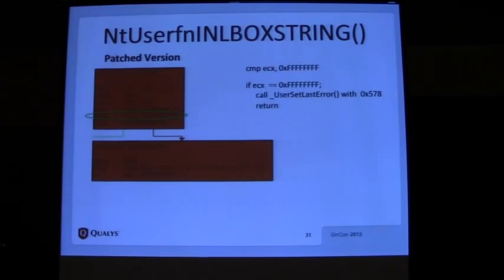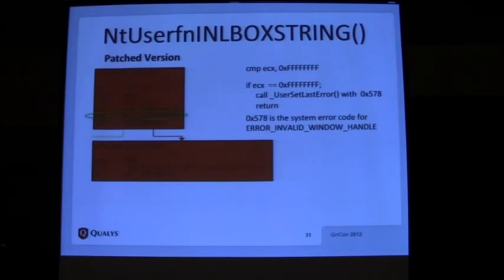But in the patched version, it explicitly takes the first argument of the function and compares it with -1. If it is -1, it is not happy, it sets an error and bails out of the function. I did a bit of research, googling what this error is, what 578h is, and it is a system error code for invalid window handle.